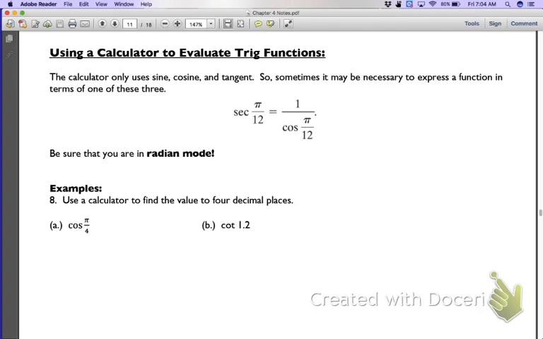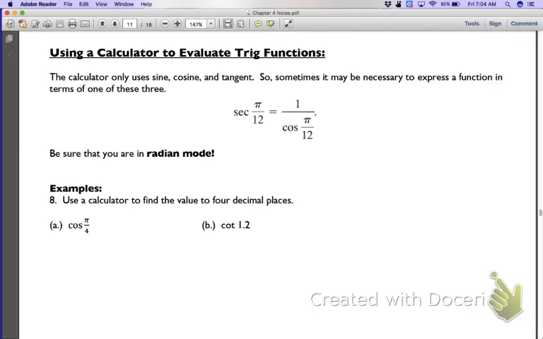If it says secant, cotangent, or any of the sister functions, your calculator is only going to let you use sine, cosine, and tangent. So if you have secant of something, you're going to have to put 1 over the original function, so over sine, cosine, and tangent.